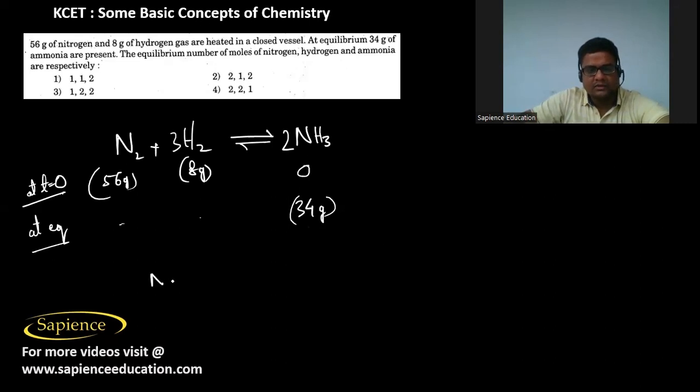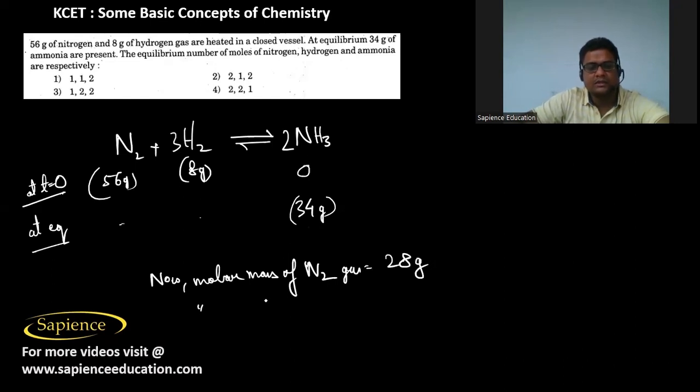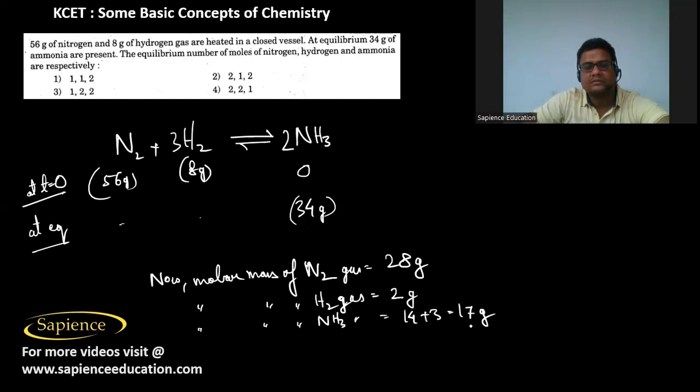So now we know that molar mass of nitrogen gas is equal to 14 into 2, that is 28 gram. And then molar mass of hydrogen gas is equal to 2 gram, and the molar mass of NH3 gas is equal to 14 plus 3, that is equal to 17 gram.